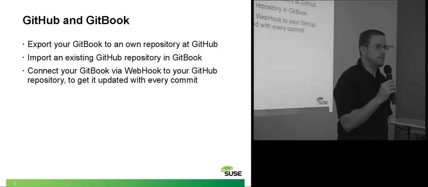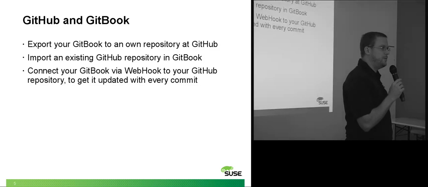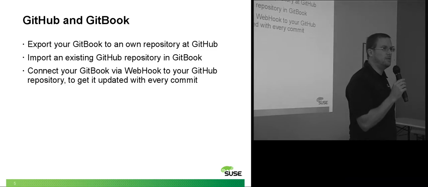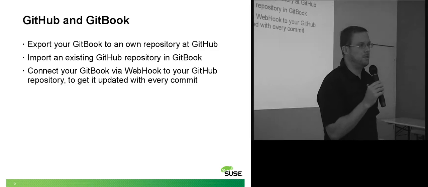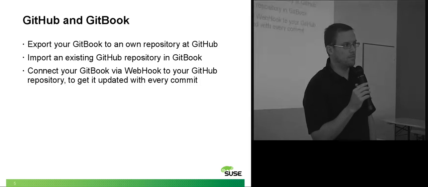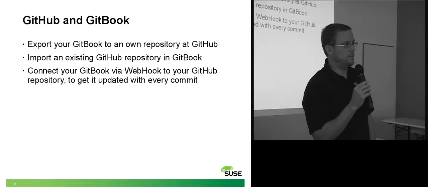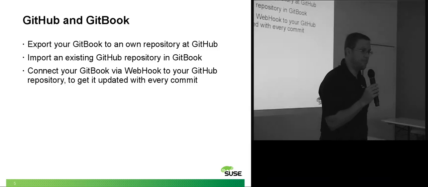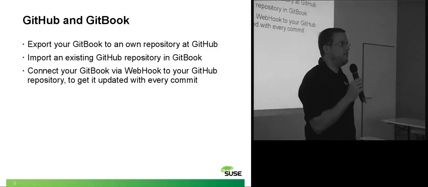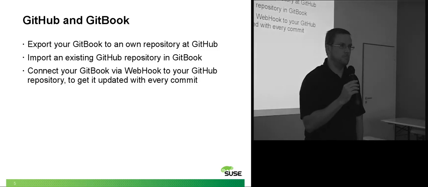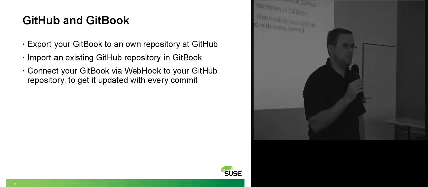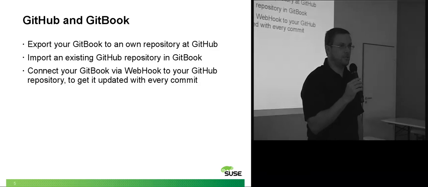Next point, GitHub and GitBook. Yes, it's directly interconnected. So when you start writing a book and later on you decide it's time to publish it on GitHub, it's one button away. The only thing you have to do is first create a GitHub account, and then you can export your book to GitHub as a normal repository. On the other side, if you say, I will write my books on GitHub, you can even add a webhook in GitHub that pushes all your changes directly to GitBook.